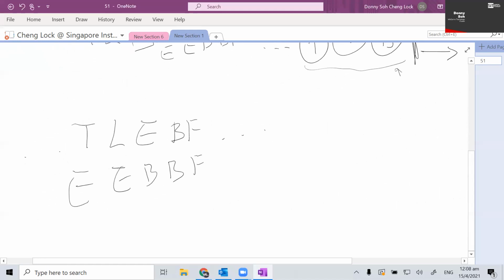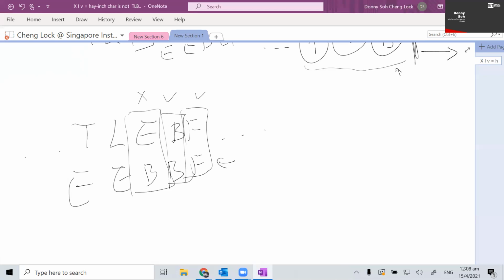Okay. Now, again, we check from the right side. Here, there is a match. Here, there is a match. And it is at this point that we find the mismatch. Okay. What happens when we find the mismatch?